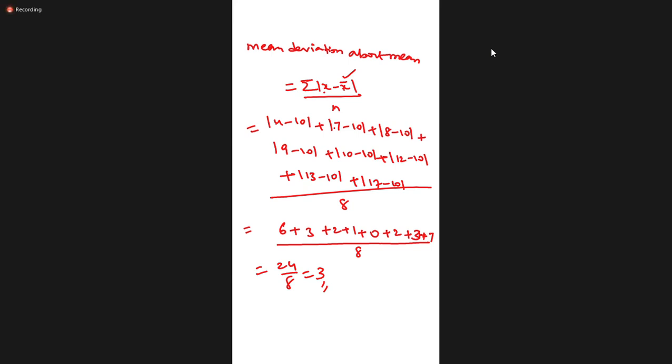Sir, if they say deviation, we need to do subtraction? Yes. Mean deviation about mean means minus X bar. About median means you have to find the median, then subtract the median. Like that.